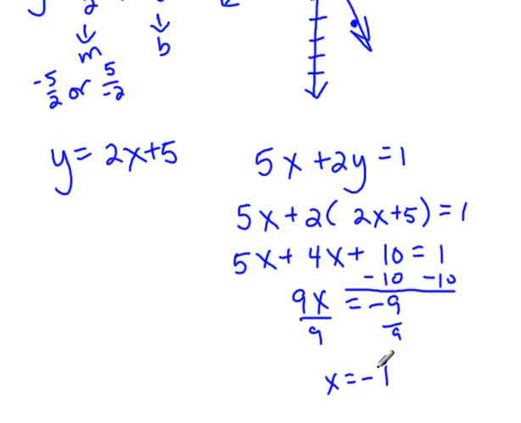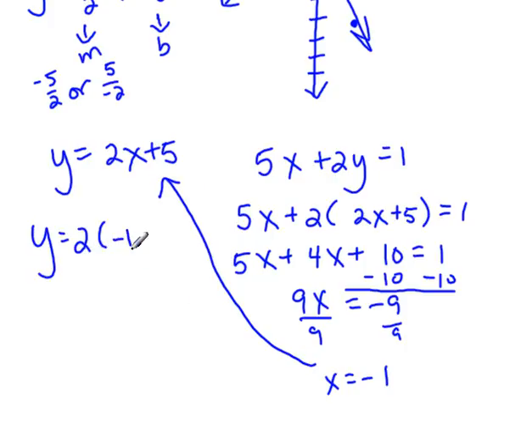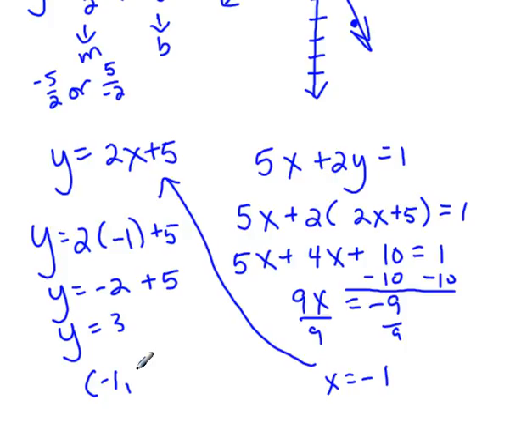Go back to my other equation and substitute in the x that I got. I have y equals 2 times negative 1 plus 5. That's y equals negative 2 plus 5, which makes y equal 3, and my solution, ordered pair, is negative 1, 3. The same thing I got when I did the graphing.